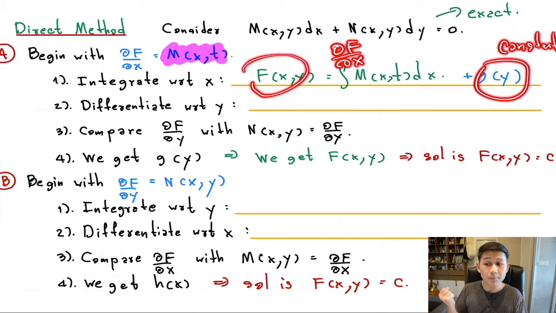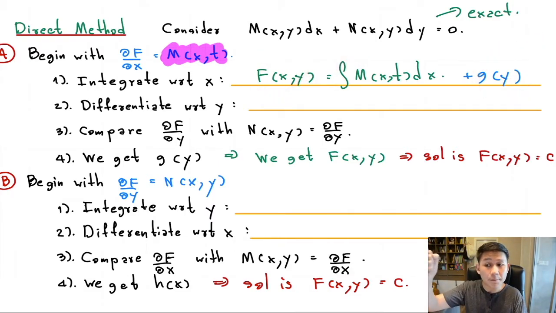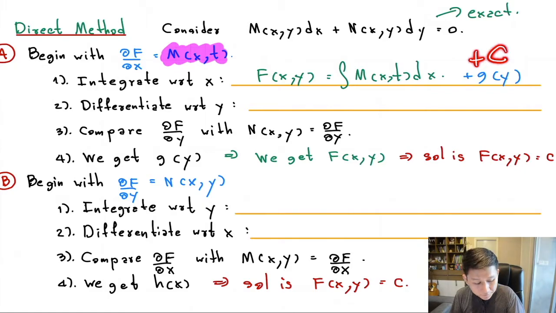Remember? When we take the derivative of f by x, y is seen as a constant. So when we integrate f with respect to x, y is a constant as well. So instead of plus c, we add a function of y. Makes sense? Because right now we are in a function of two variables.